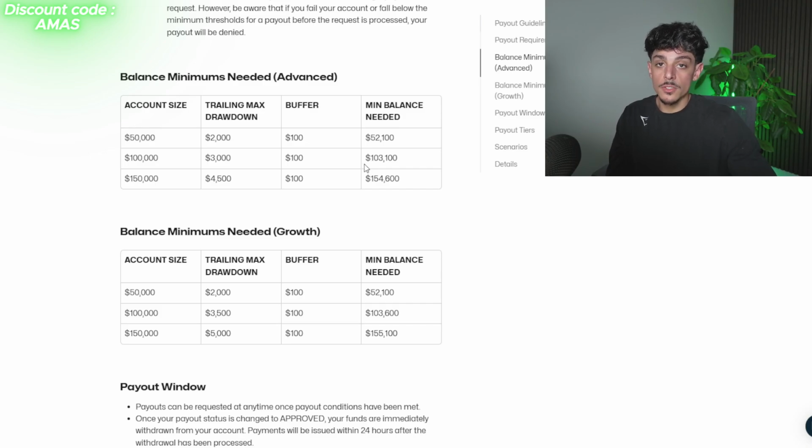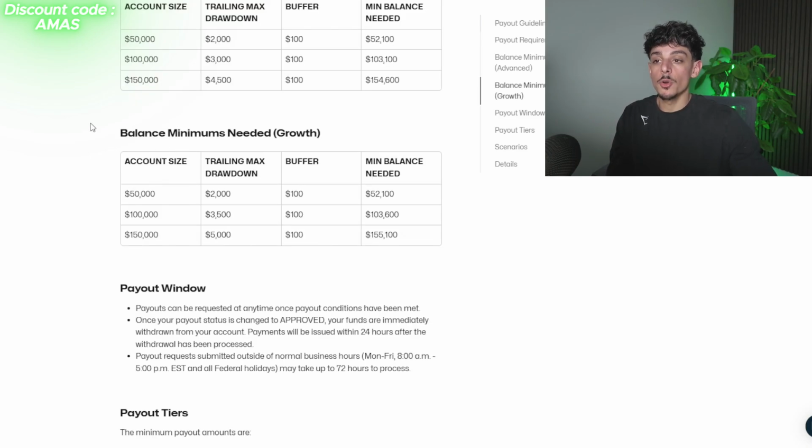request a $2,500 payout. You have the growth accounts, which is in my opinion better than the advanced depending on your approach, but on the 50K it's exactly the same as the advanced. So you have a $2,100 profit target to request a $1,500 payout. On the 100K growth account, the profit target, so the minimum balance needed to request a payout, is higher than the 100K advanced, but you have also access to more drawdown.